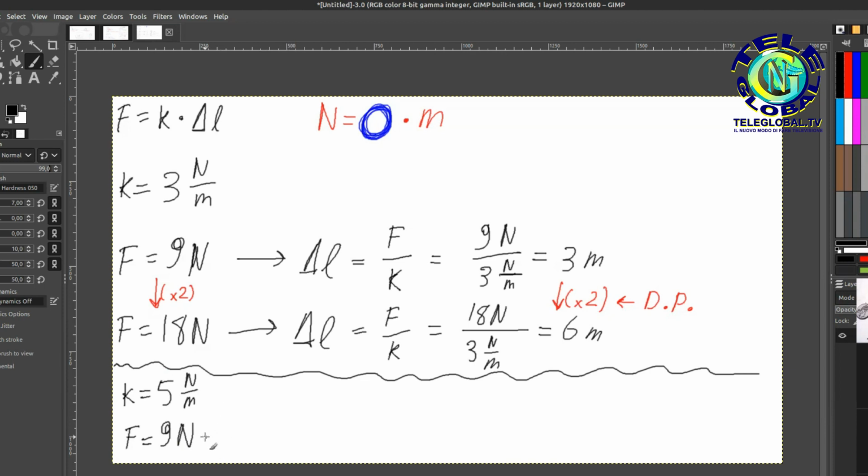So what do you expect to change for the stretching? Will it be more or less than the 3 meters we got here?